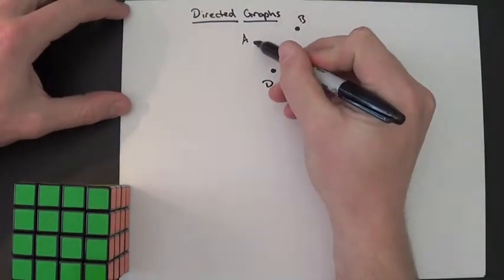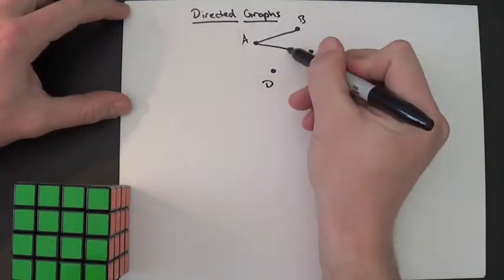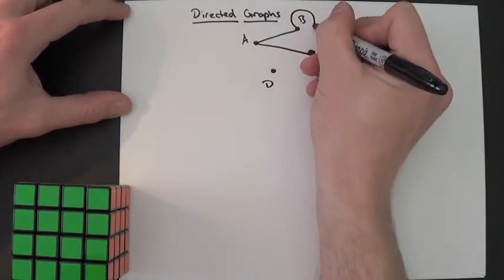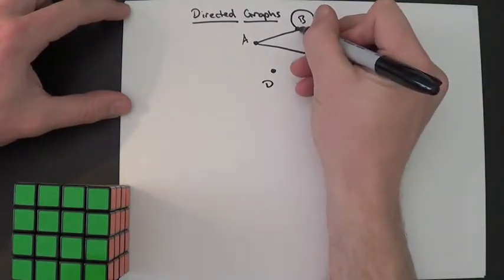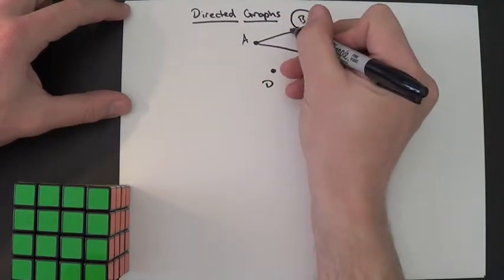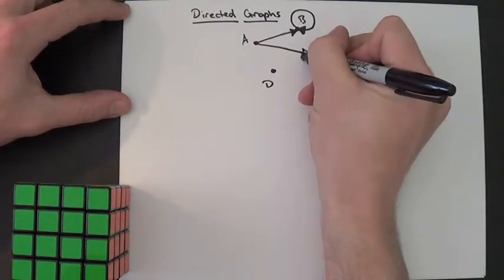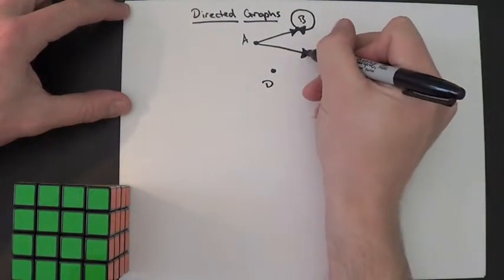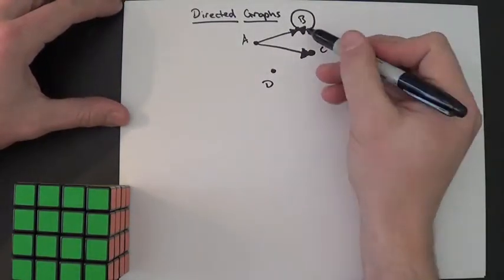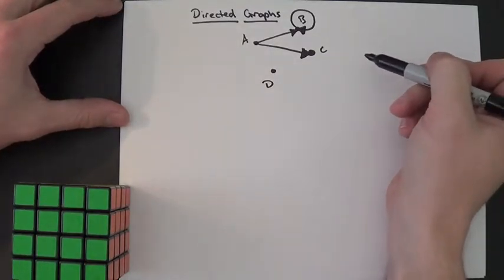So instead of just having the connection from A to B and A to C, and then there's the loop from earlier, now I'm going to have directions associated with each of these. Okay. So each edge, and there's 1, 2, 3 edges, has a direction. 1, 2, 3 arrows talking about each edge's direction.